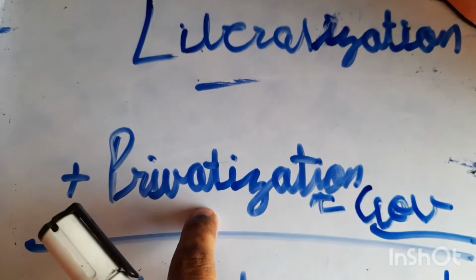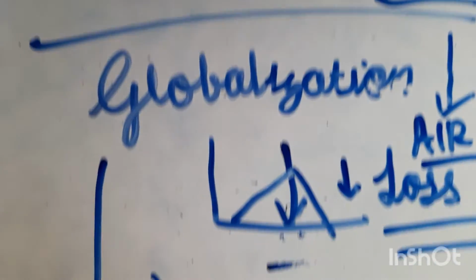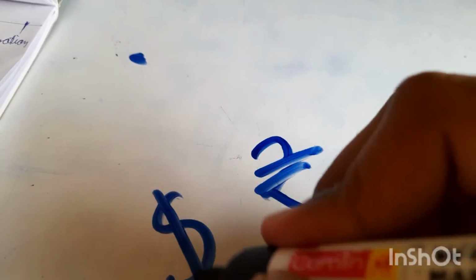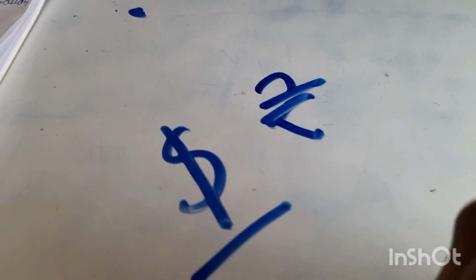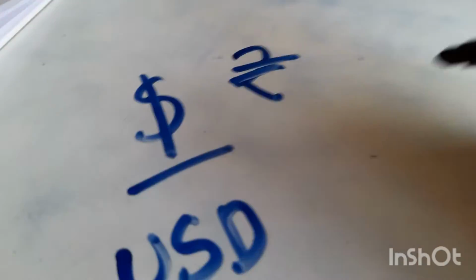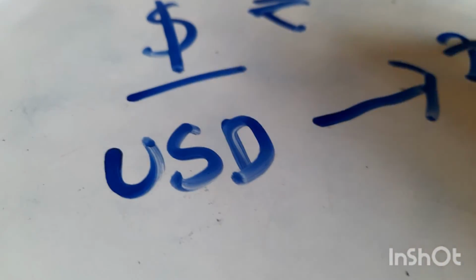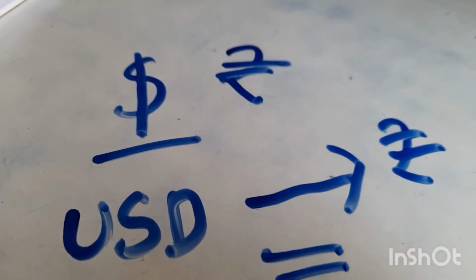Globalization. Liberalization plus privatization lead to globalization. How? Let us see. So what basically happened was, when an investor was coming, for example, from America, they'll bring it in USD. They had to obviously convert it into rupees. A certain fee was charged.